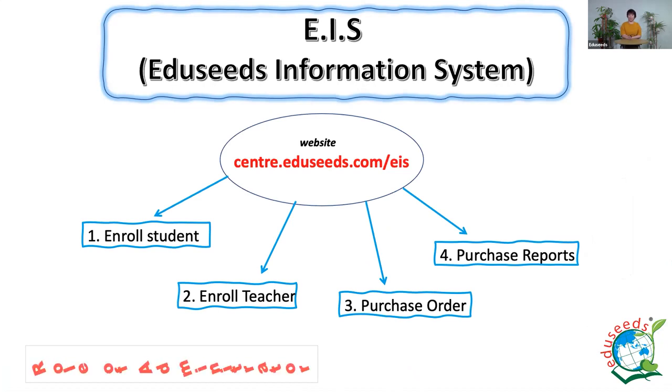This is the role of the administrator. So when there is a new center, you will have your center administrator username and password. Then you use this to log in into the EIS, and these are the four main roles that you can do in this EIS system.